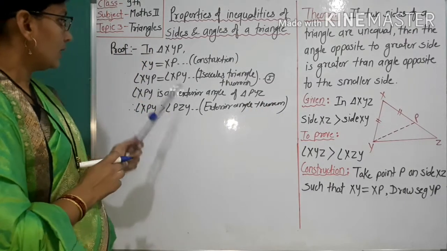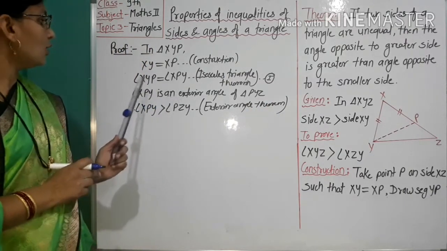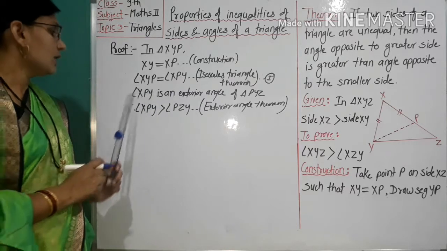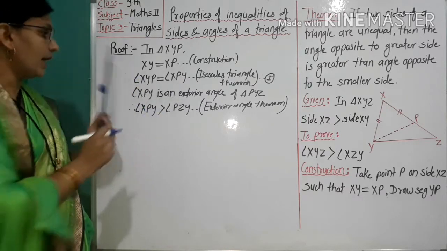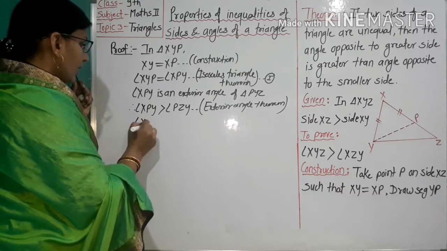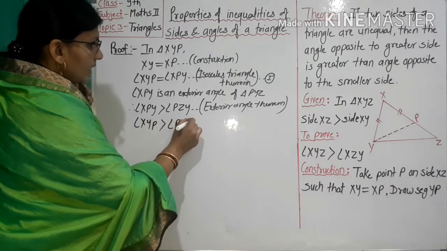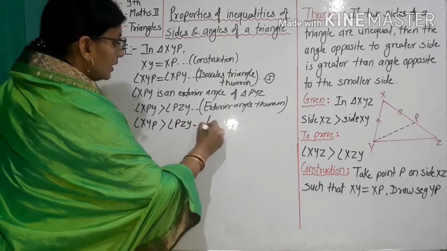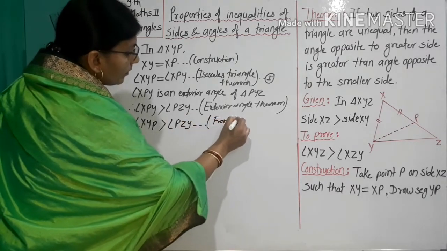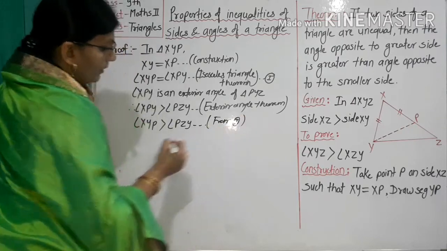But from 1, angle XPY equals angle XYP. So in place of XPY, put angle XYP. Angle XYP is greater than angle PZY, from 1.